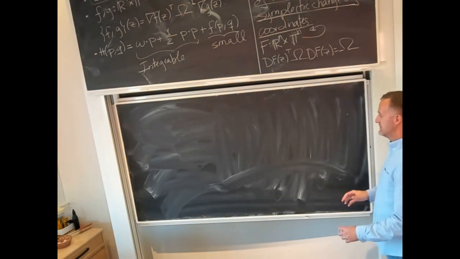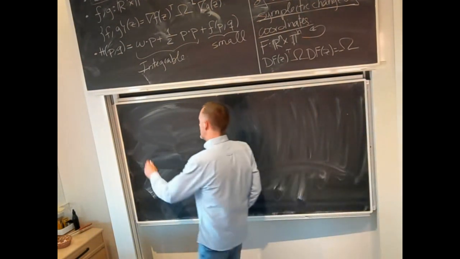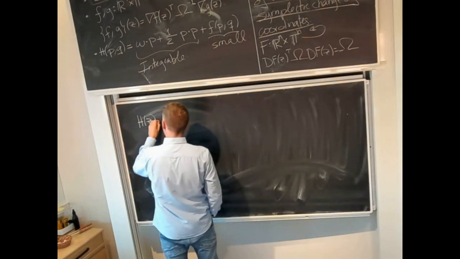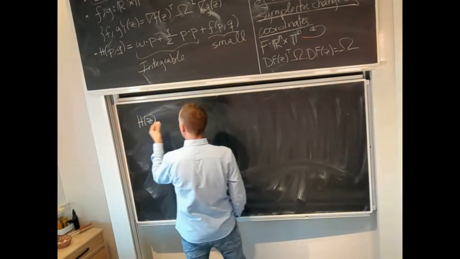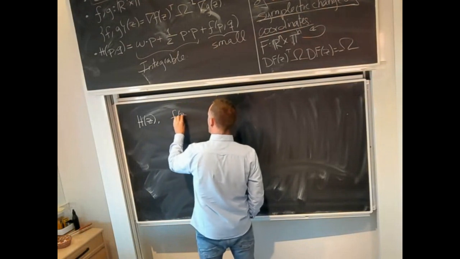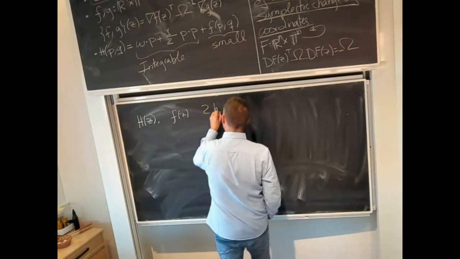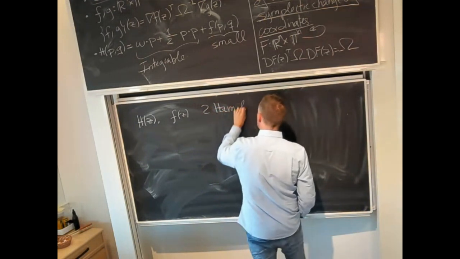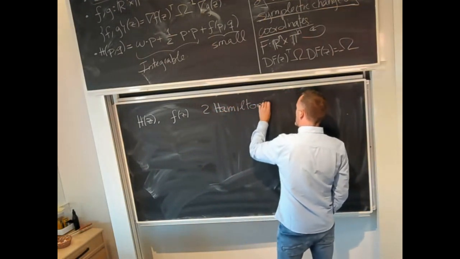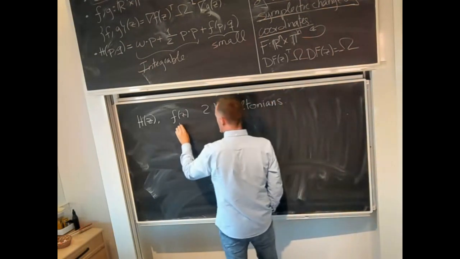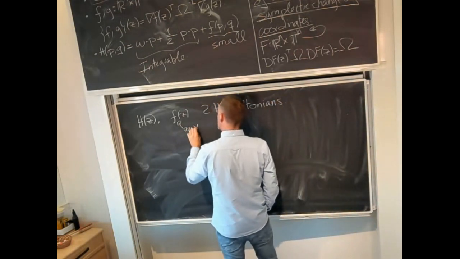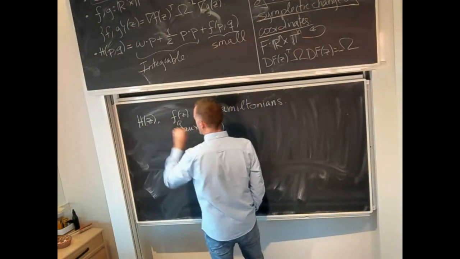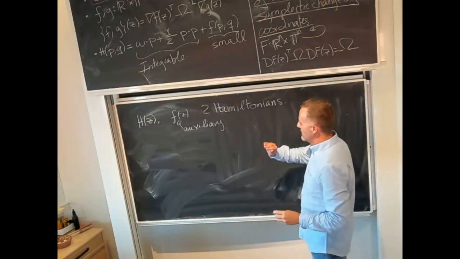So the idea is the following. Imagine that I have my Hamiltonian, and another Hamiltonian above that, so we have two Hamiltonians. This one is auxiliary; we will use it in order to transform the other one.